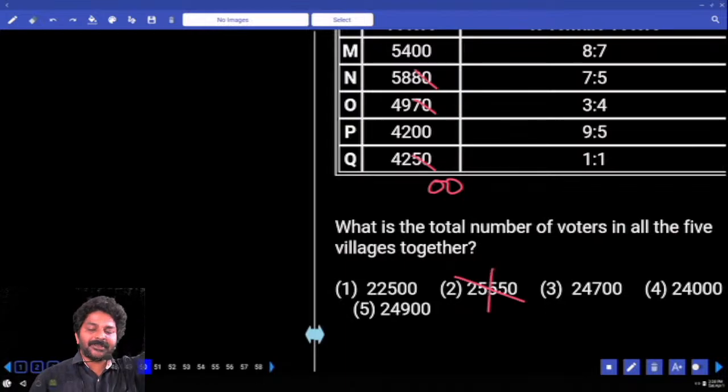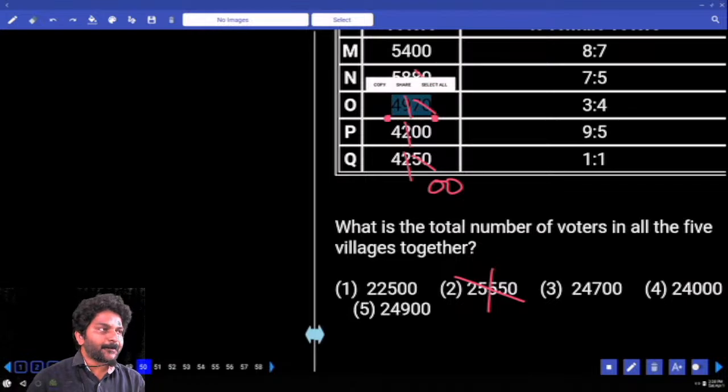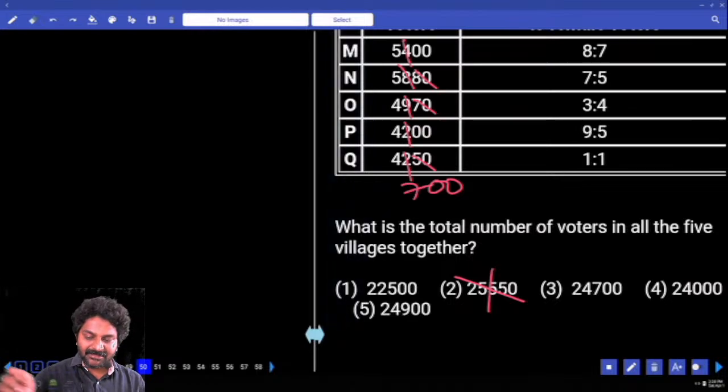Come on. How much carry you have? 2. 2 plus 2 plus 2, 6. 6 plus 9, 15. 15 plus 8, 23. 23 plus 4. That means answer must end with 700. There is only one.